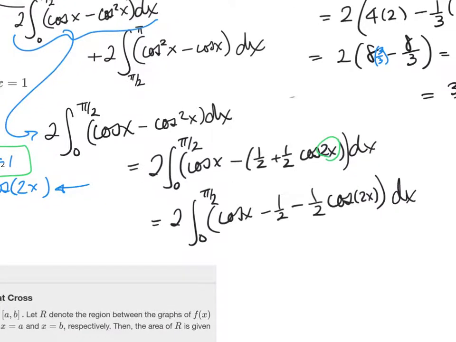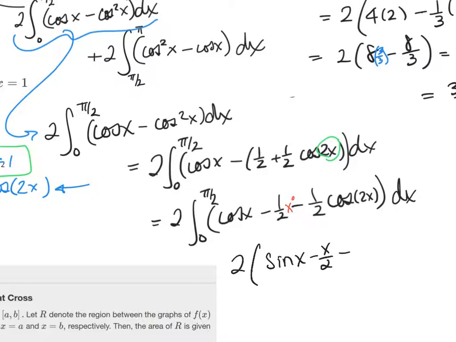And now I can integrate this. The derivative of sine is cosine, so I know that this is going to be 2 multiplied by the sine of x, taking off the integration symbol. And then this 1/2 should have been x to the 0, so it's then minus x over 2.